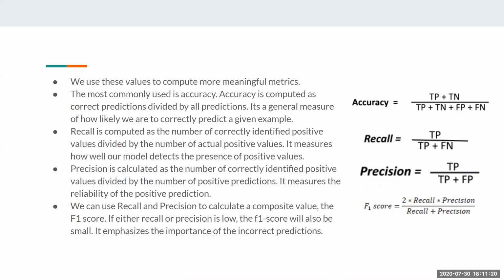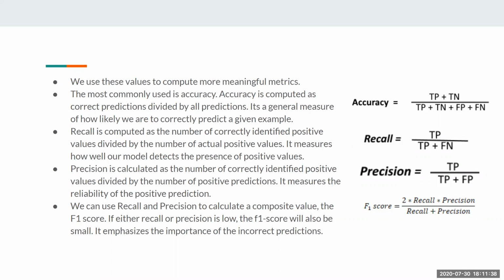And then we sometimes combine recall and precision to calculate a composite value, which we call the F1 score or the F measure. The advantage of this is that if either recall or precision is low, the F1 score will also be low.